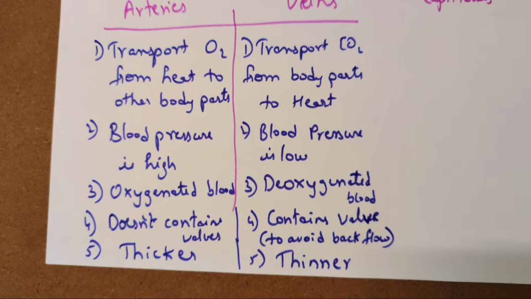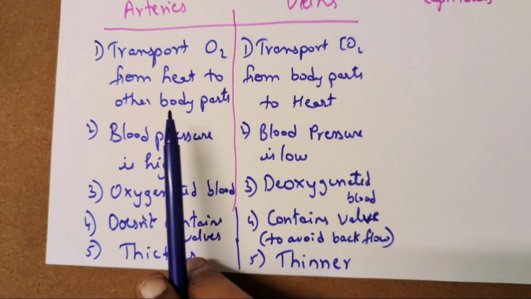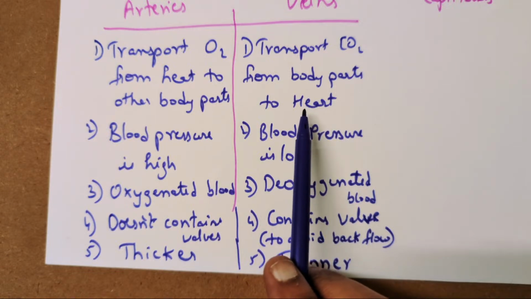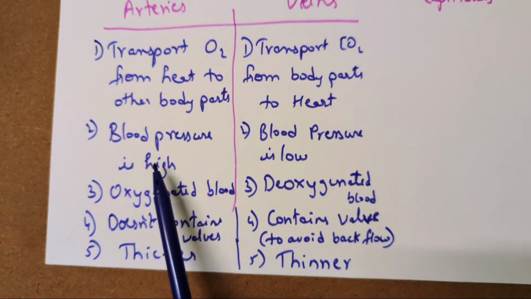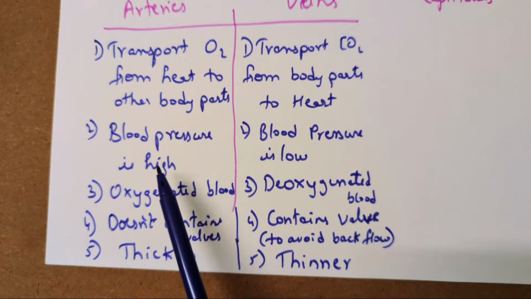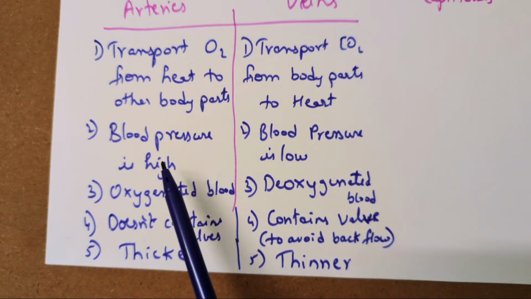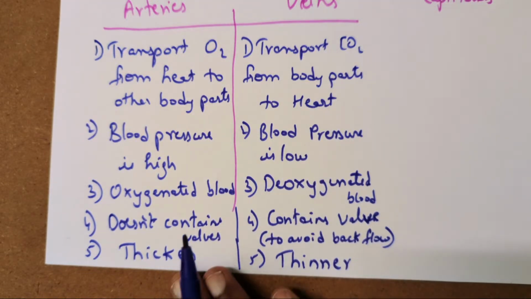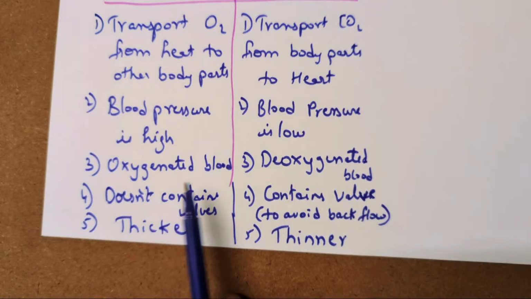First, arteries transport blood from the heart to other body parts, while veins transport carbon dioxide blood from other body parts to the heart. Here the blood pressure is high because the heart is pumping with high pressure to other body parts. Where it's getting blood from other body parts, the blood pressure will be low. Arteries contain oxygenated blood, veins contain deoxygenated blood.